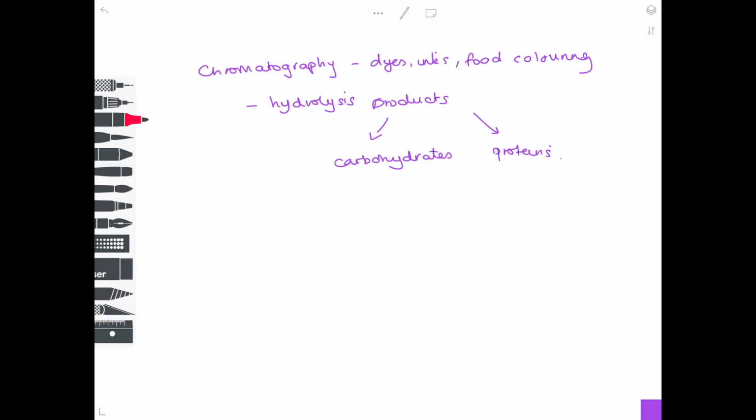The only thing that makes them slightly tricky is that they're both colourless, and remember, dyes and inks contain lots of colour, which is why they're really useful in chromatography. So in order to cope with the fact that they're colourless, we need something called a locating agent.